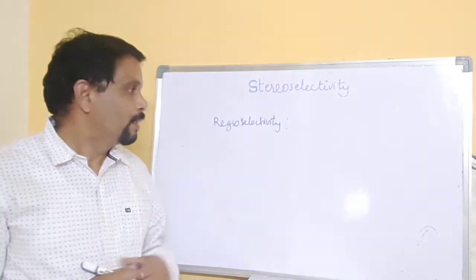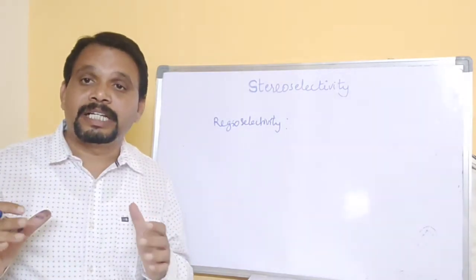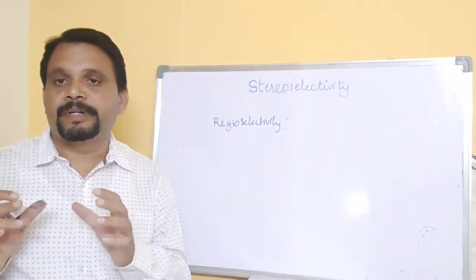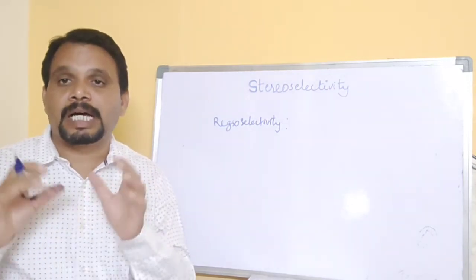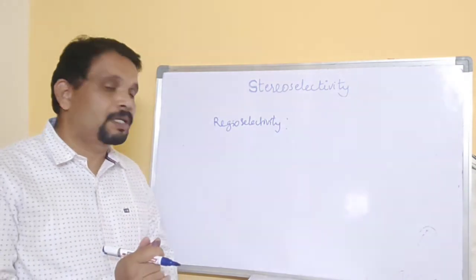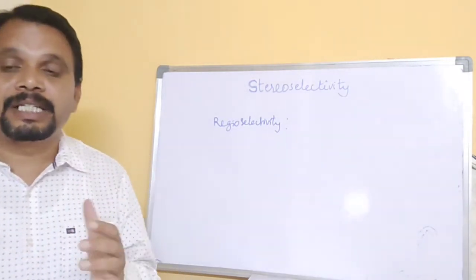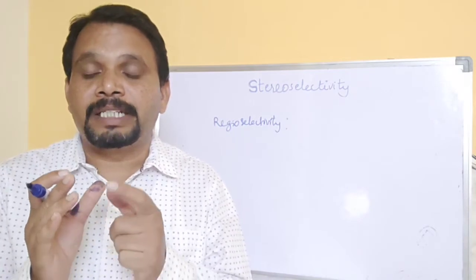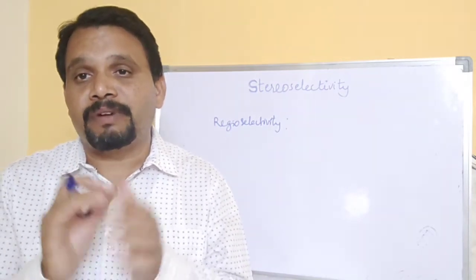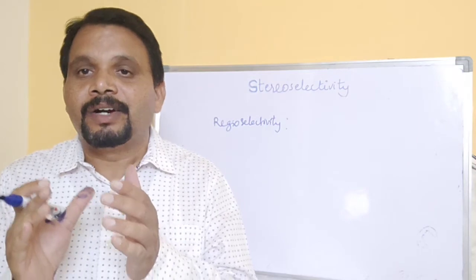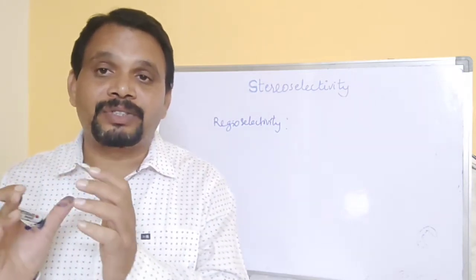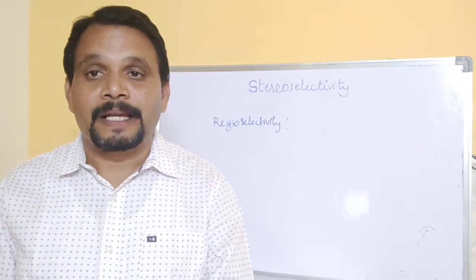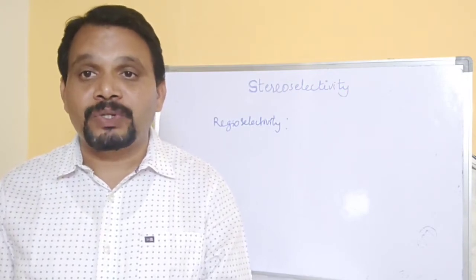A chemical reaction that produces preferably or predominantly one product over the other possible products by reacting at one position over the other possible positions is known as regioselectivity.